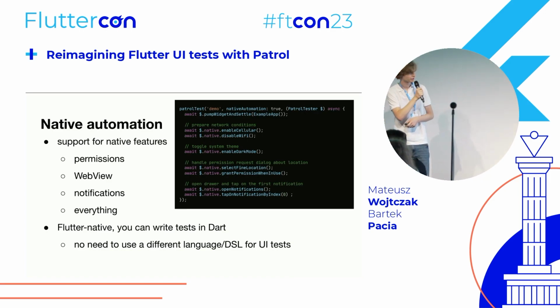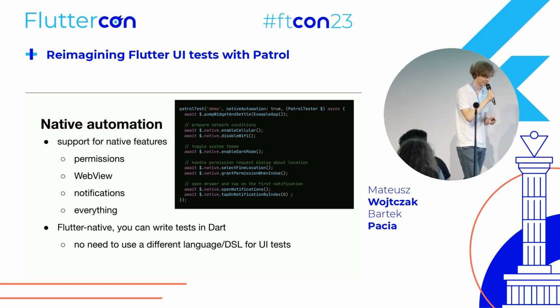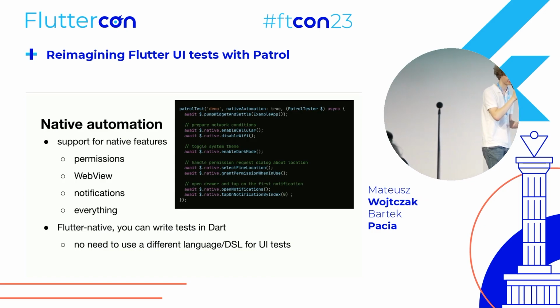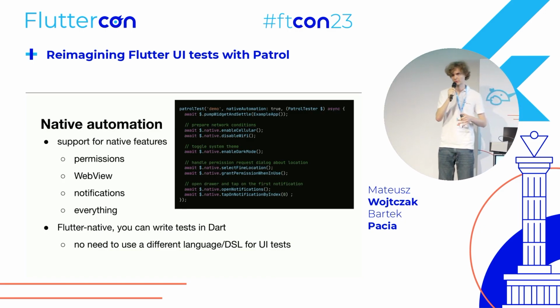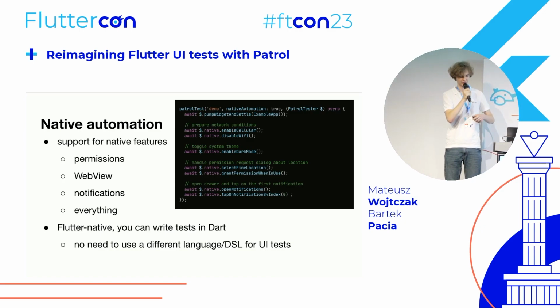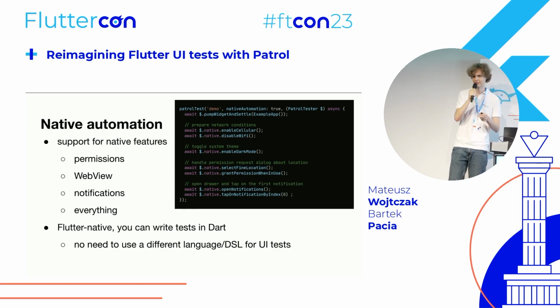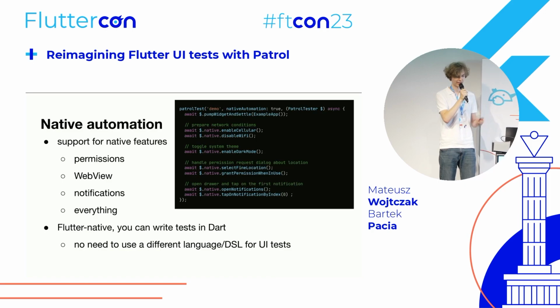And the type of object you get is not a widget tester, it's a Patrol tester. And the Patrol tester is really the object that gives you superpowers. It lets you interact with permissions, web views, and basically everything that is native. And it's all normal, pure Dart. You don't have to learn another language or write XML or YAML. You just use Dart for your tests, which we think is great.